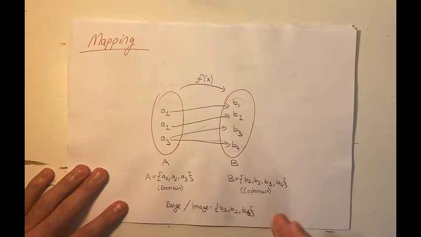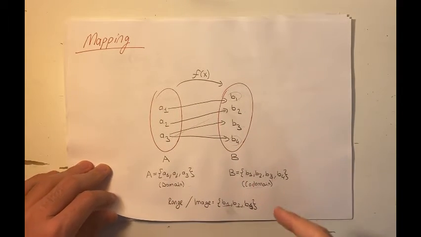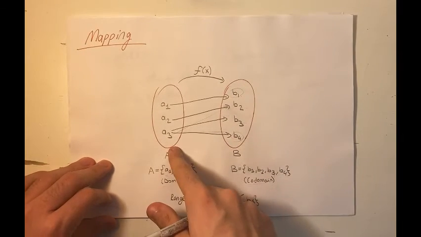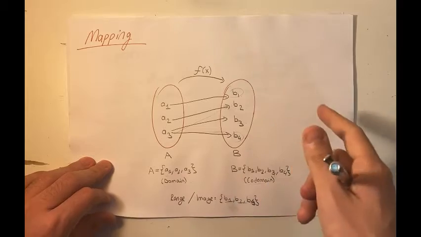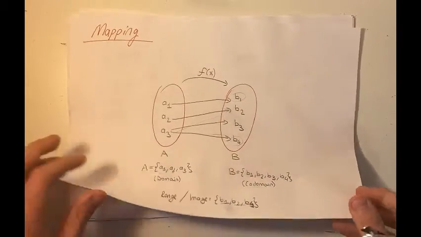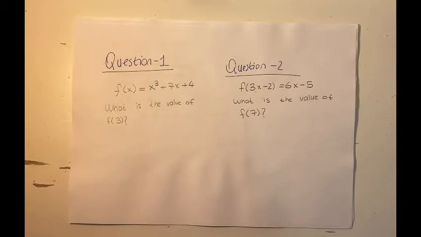This is not possible. An element in the domain cannot go to two elements in the codomain. It's like a baby has two mothers. It's biologically not possible.